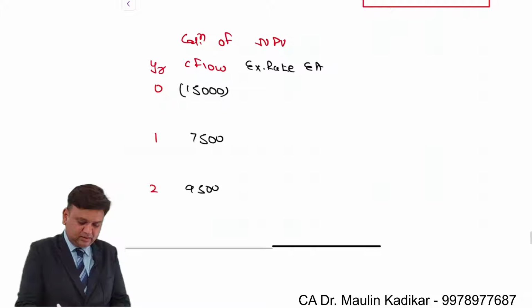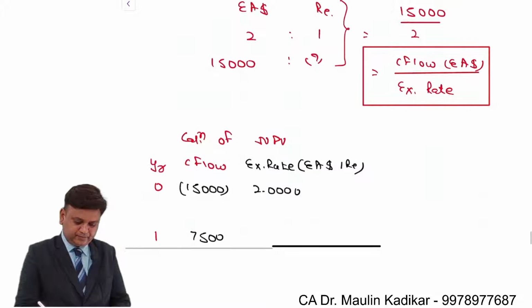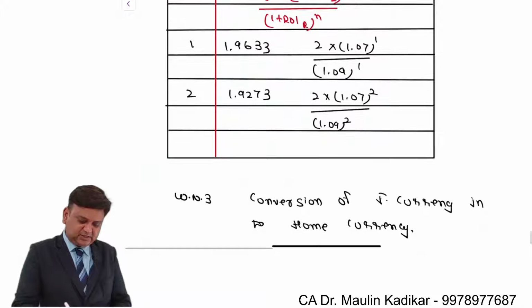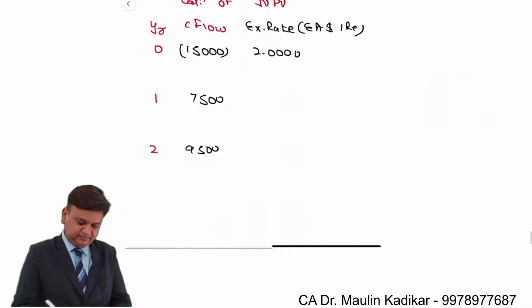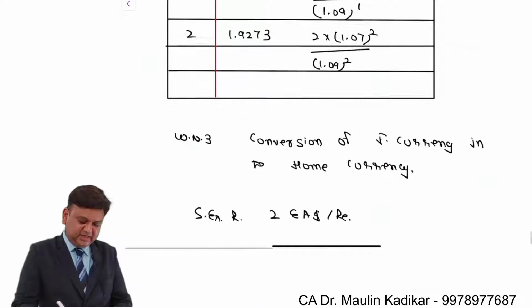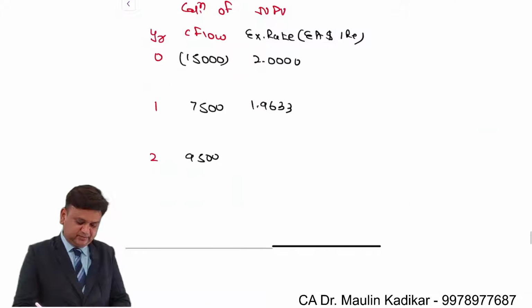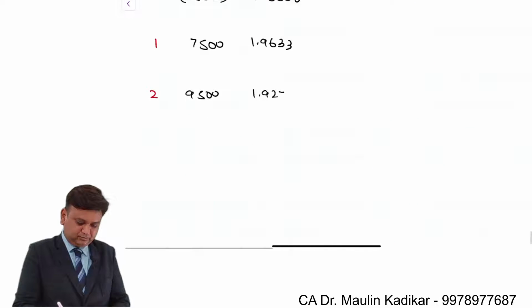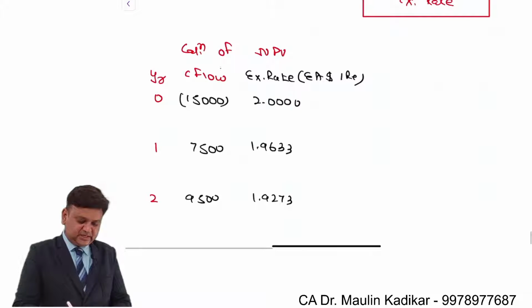Exchange rate, East African dollar per rupee: 2 in year 0. Then first year end it is 1.9633. Second year it is 1.9273. Now this cash flow, which is in East African dollar terms, will be converted into rupee terms.